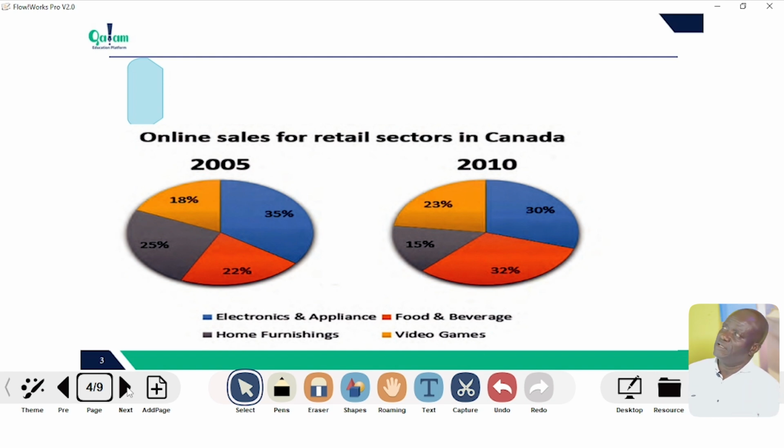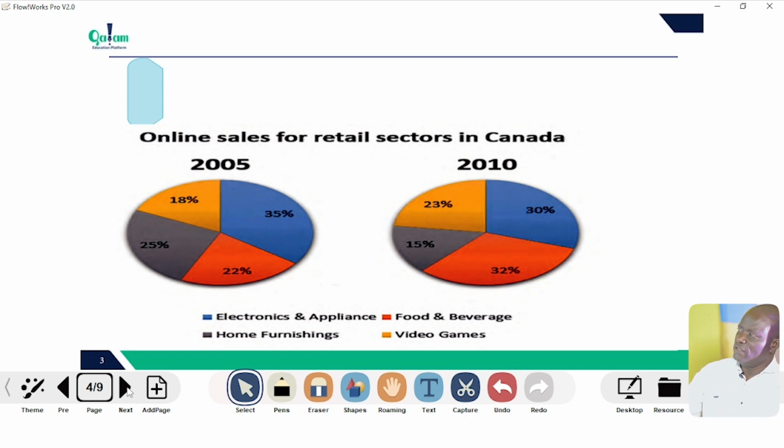So students, you can look here. Here we are seeing online sales for retail sectors in Canada in 2005. Where you see blue, that is sales for electronics and appliances. Where you see pink, red, that is food and beverage.